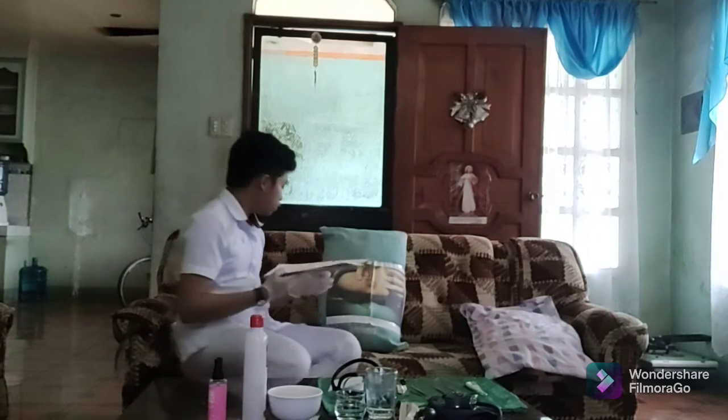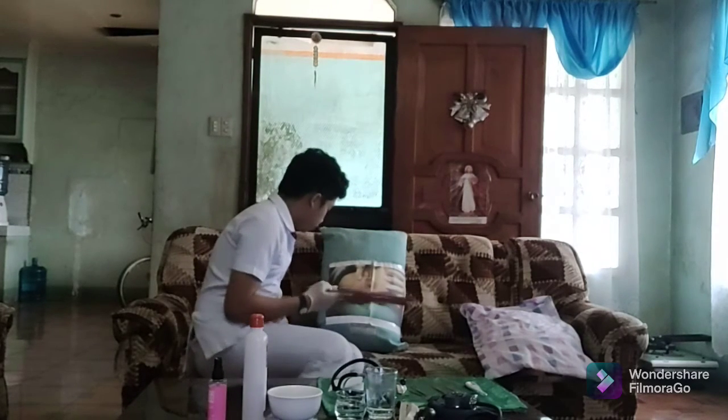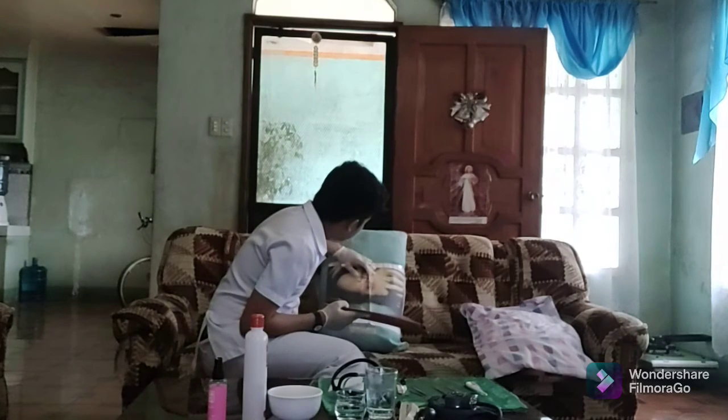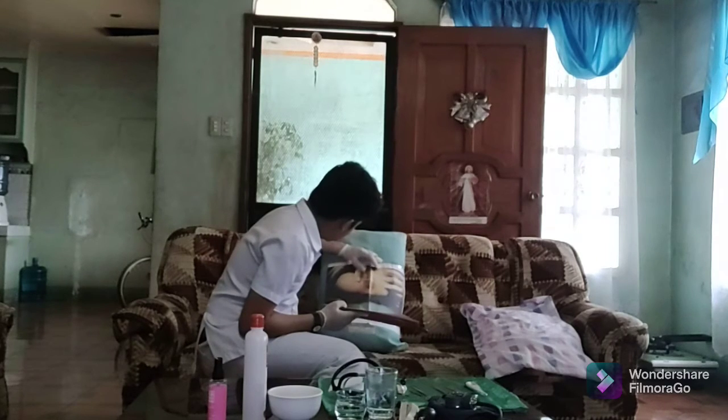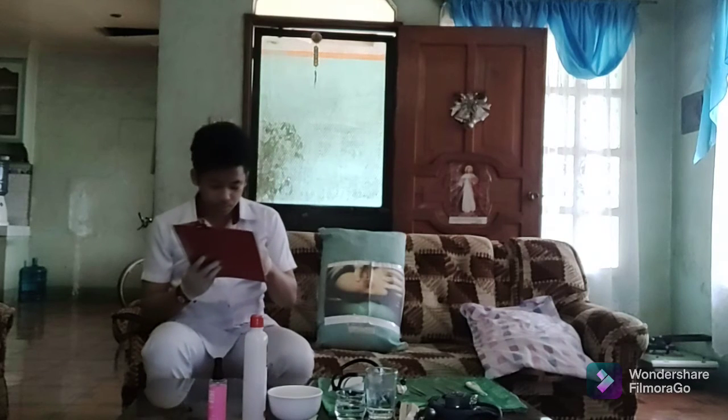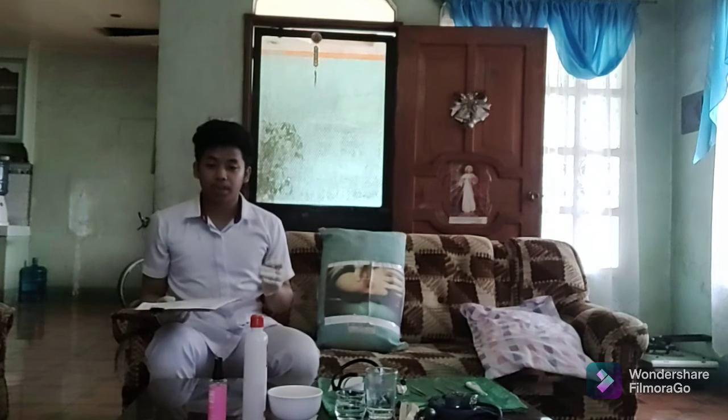Next is to inspect for bulges or lesion as client performs Valsalva maneuver. So now, sir, I'm just going to inspect for any bulges. So the client reported the absence of swelling, redness, and dimpling.